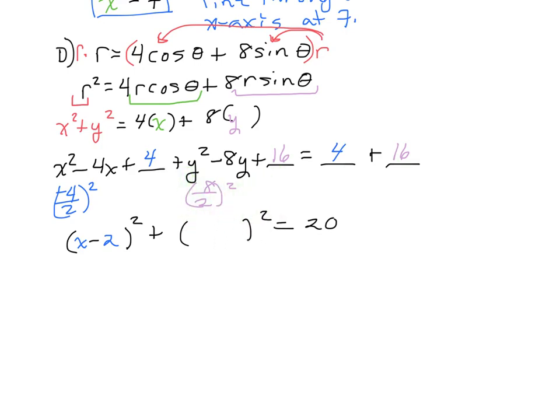Y and 4. And then what's the sign of the middle term? Negative, so we put a negative there. So now this is in proper standard equation form for a circle. So this is the graph of a circle.